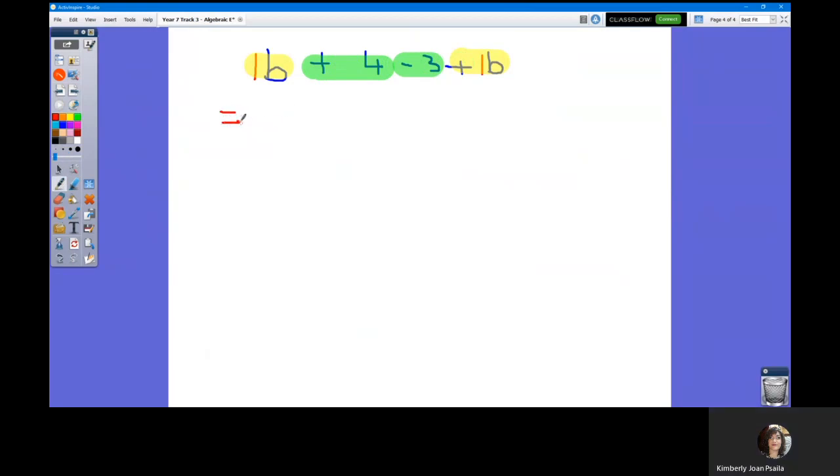Okay, let's collect the terms. So I have 1b plus 1b, then you have plus 4 minus 3. Final answer, you simplify. So 1b plus 1b gives us 2b, and plus 4 minus 3 gives us plus 1. And there you have your final answer.